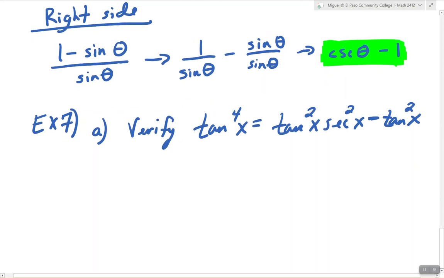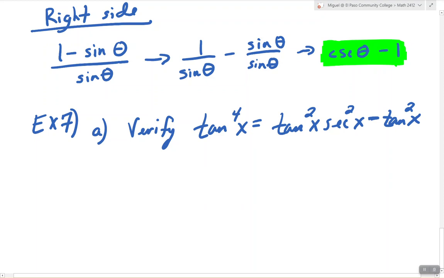This is a little trickier because of the 4th power. You're used to seeing that. So in this case, we want to start based on what our formula sheet has, which is mostly just squares. So we want to start here because this is new, right? It's more complicated than, based on what we've been doing.